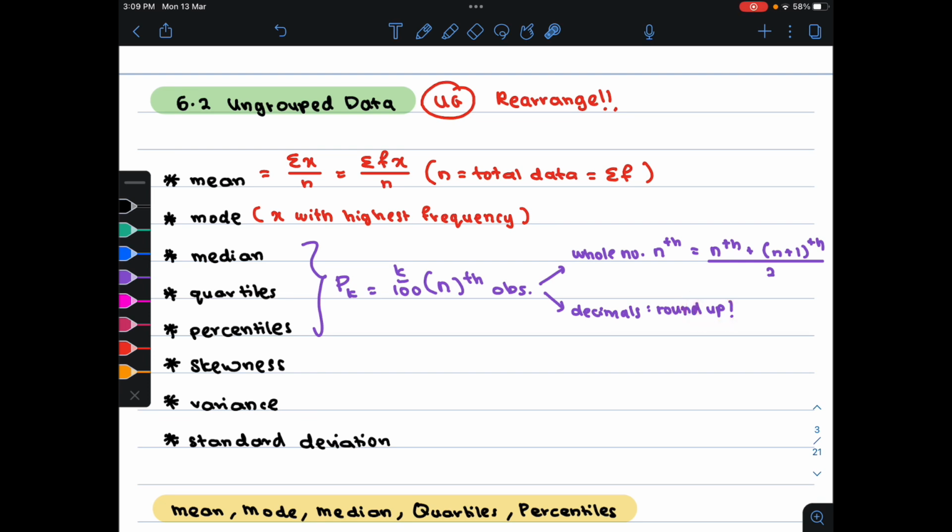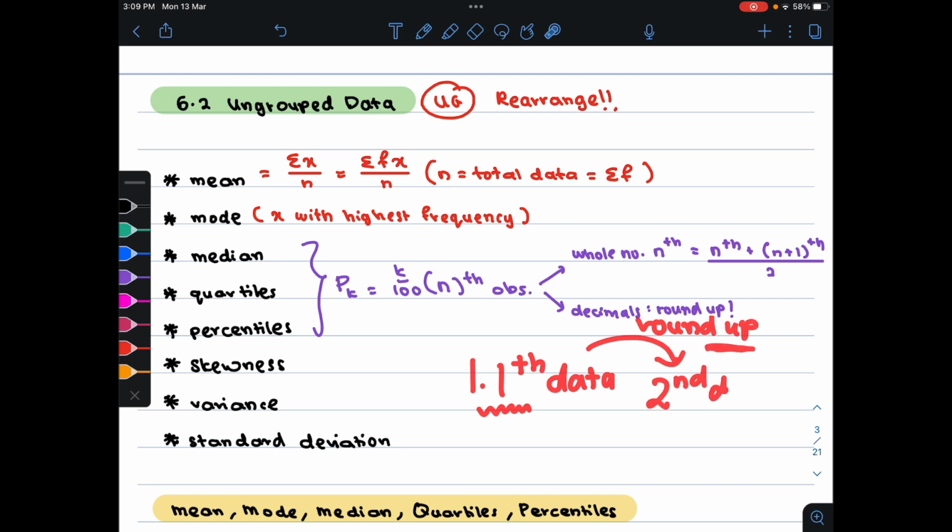You always need to round up. So for example, if you get 1.1 data, since this is a decimal, you need to round up. So slightly bigger than 1.1 is 2. So the next data is the second data.